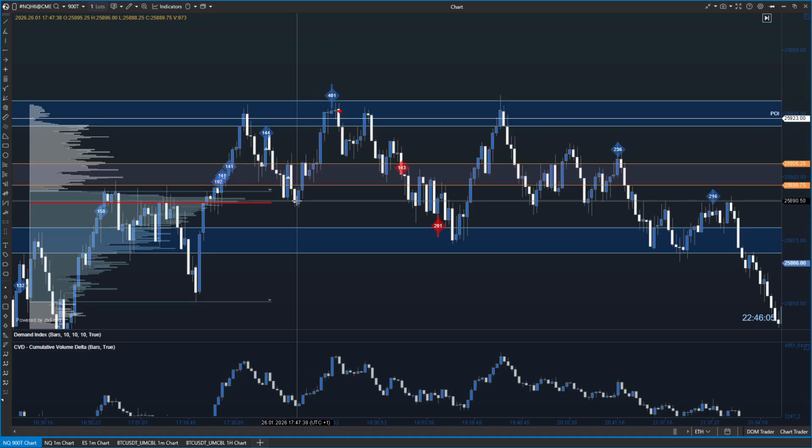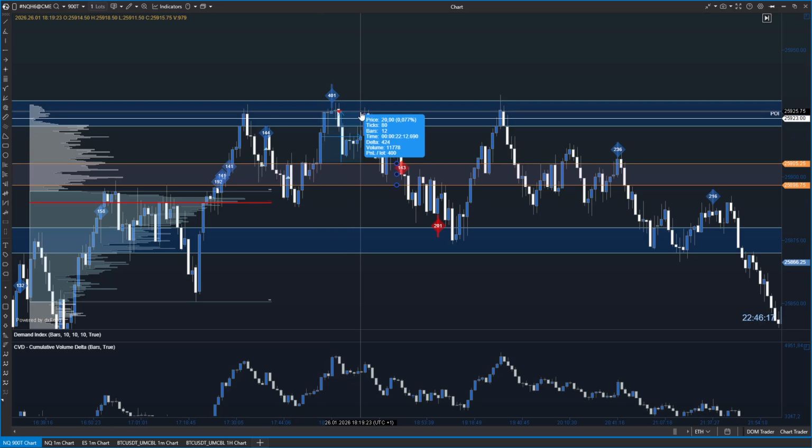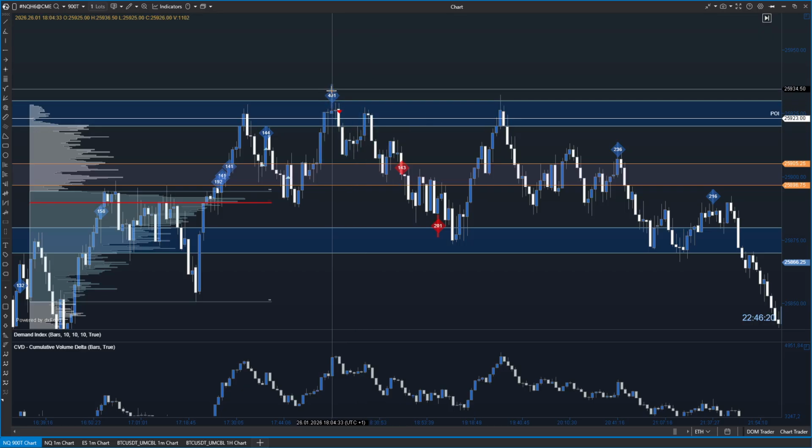And then I thought, okay, this could potentially be the trade of the day. And then I just waited, had to be patient, of course. And then the market pumped up again around 80 ticks, got filled in with 401 contracts aggressively.